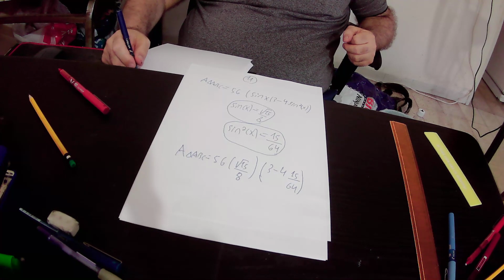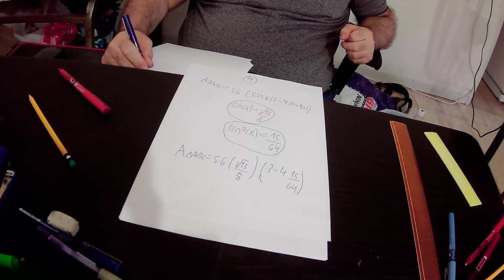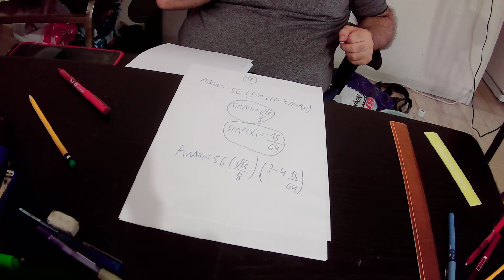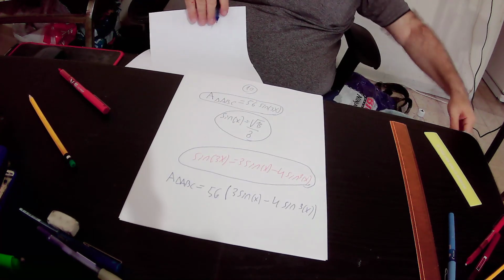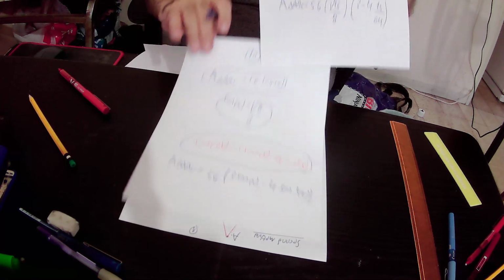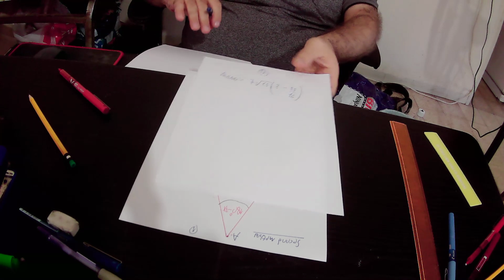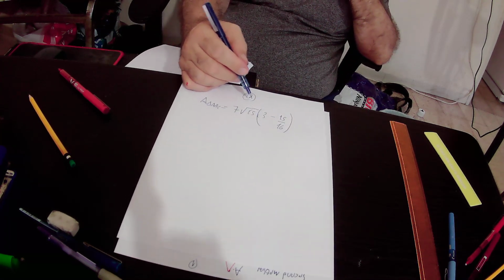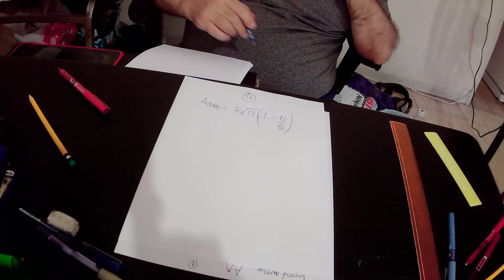So we will get 15 over 16. Okay, in total we got that the area of triangle ABC equals 7 times root 15 times 3 minus 15 over 16.